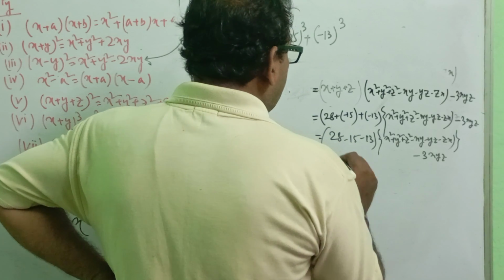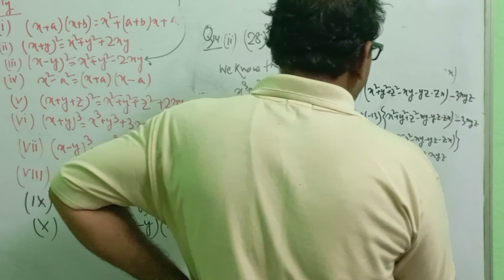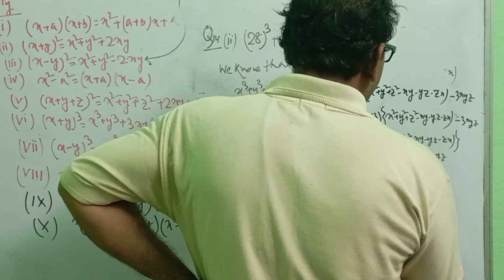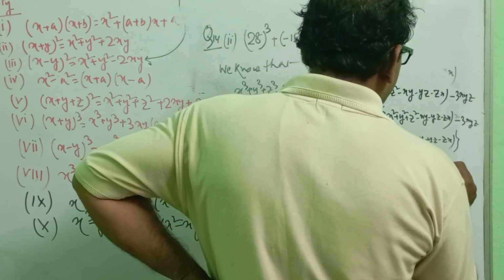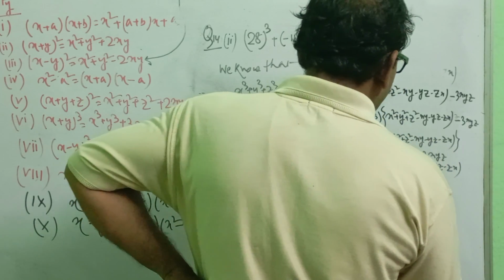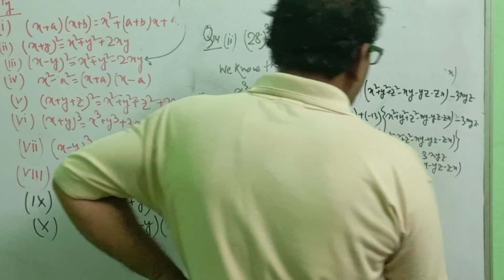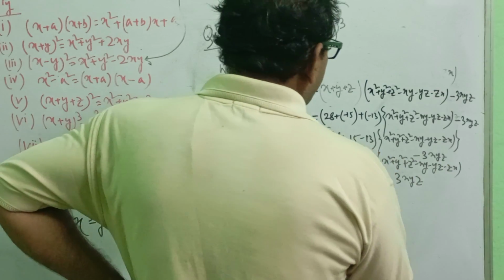Now this portion is 28 minus 28, and this is 0. So this part is 0.